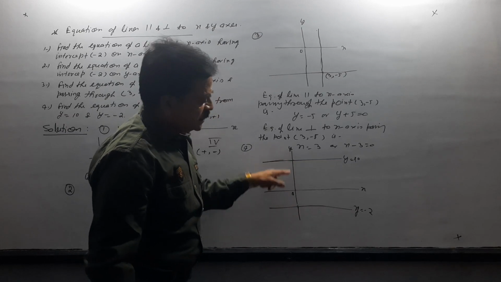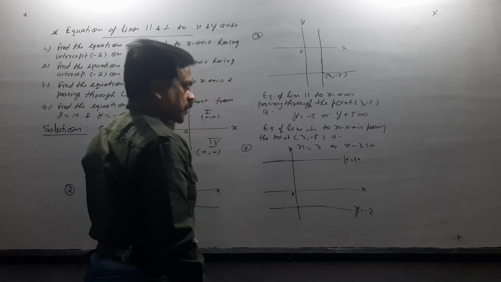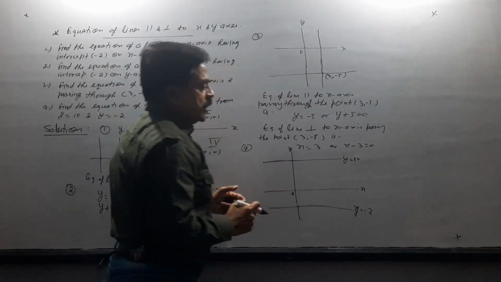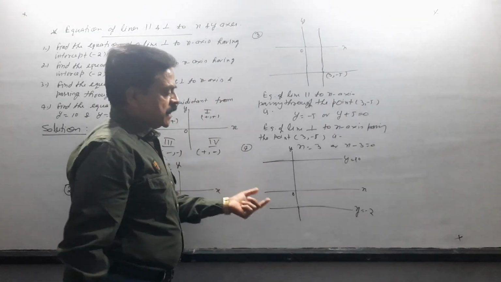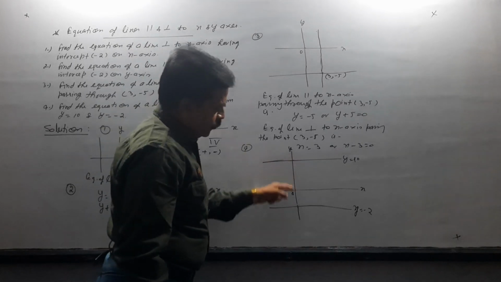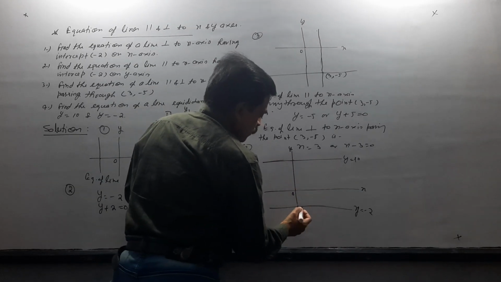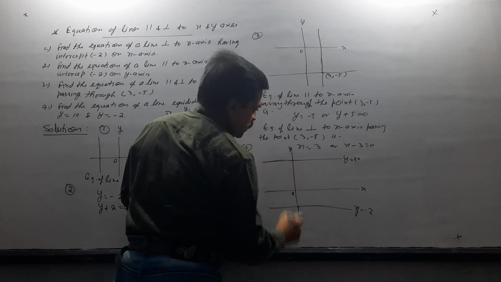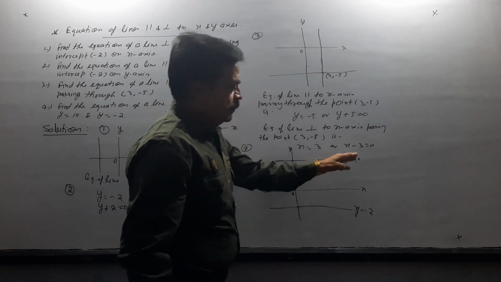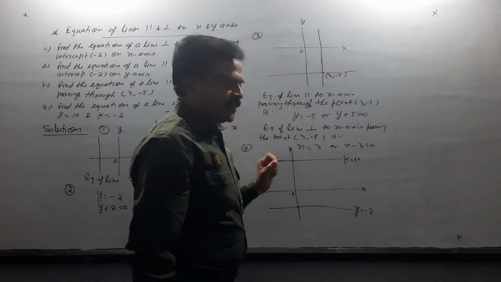The midpoint will lie at a distance of 6 units from both lines, because 10 plus 2 is 12 and its half is 6.